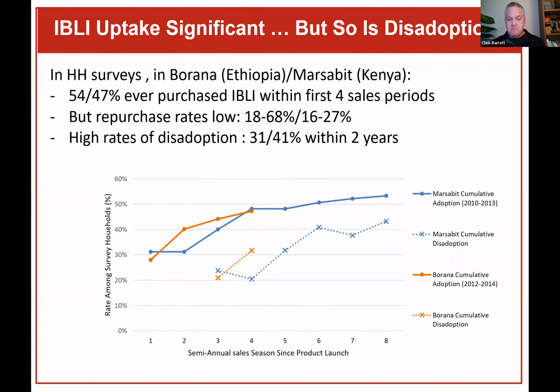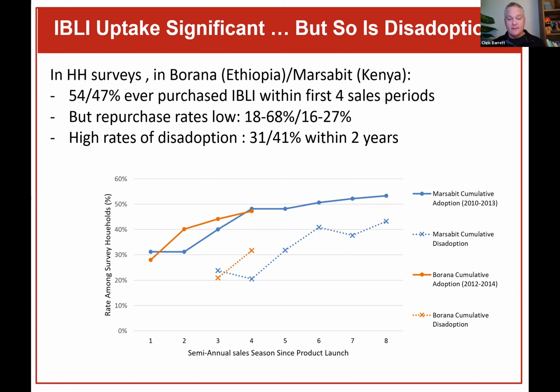If you look at maize index insurance uptake, for example, the rates are typically much lower than this. Within the first 4 sales periods in both countries, we saw roughly half of households purchased IBLI at least once, but the repurchase rates were relatively low. We had a minority of people who tried it once continue to purchase routinely thereafter.